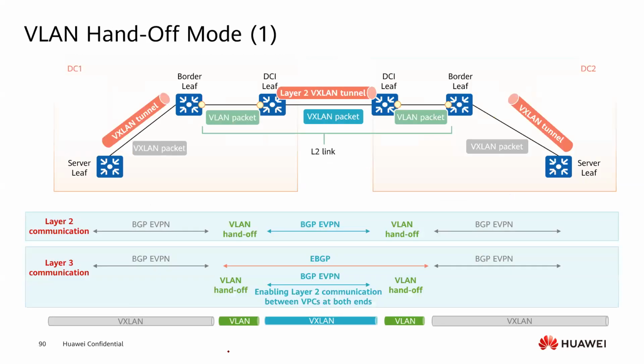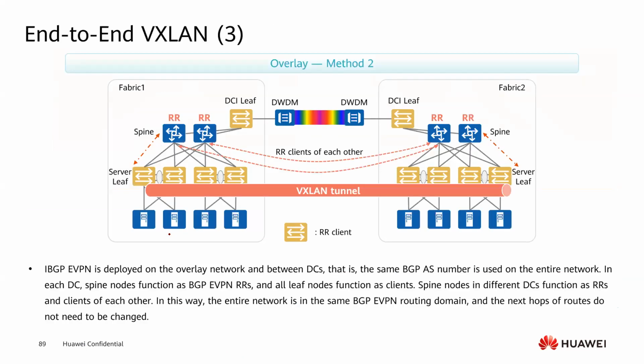Now let's look at VLAN handoff. Fabric 1 and Fabric 2 are usually in the same AS, or different AS.